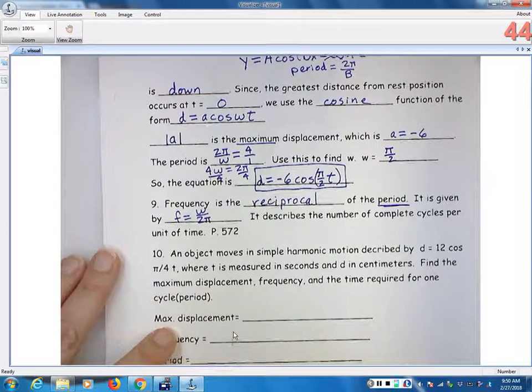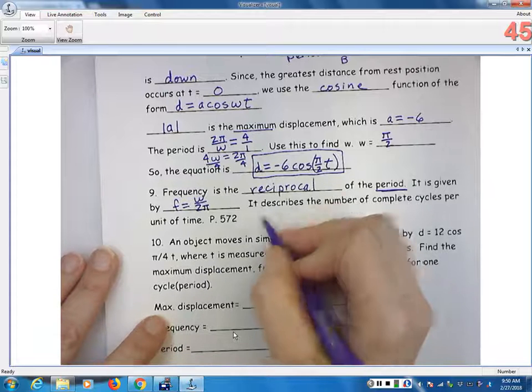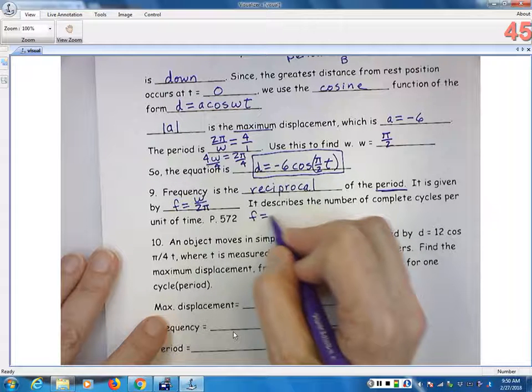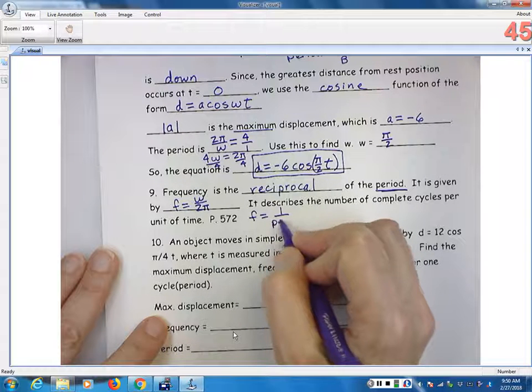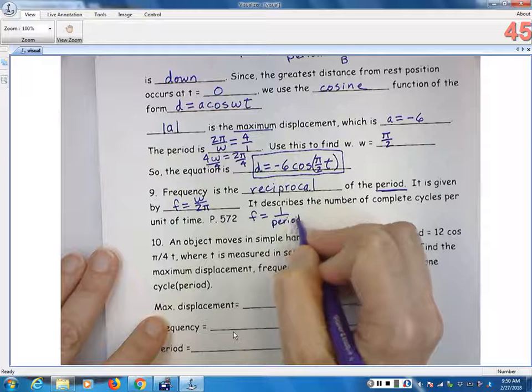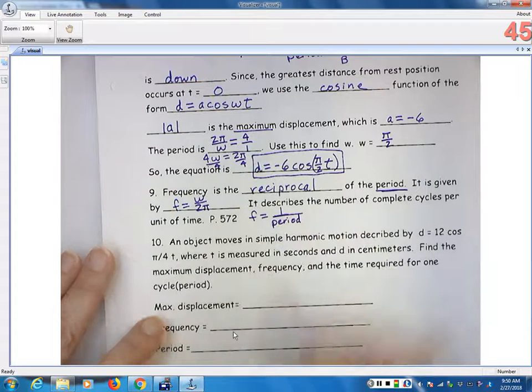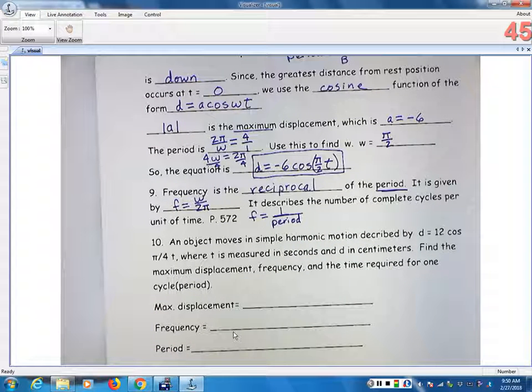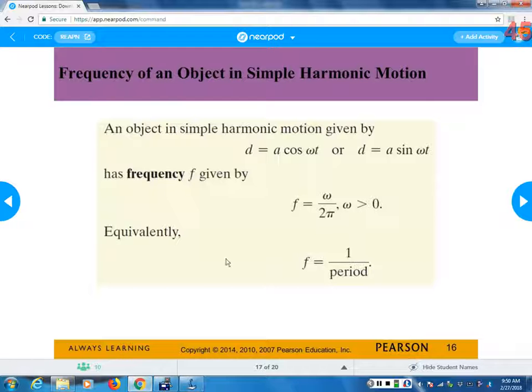And so the slideshow shows that frequency is 1 over the period. So we flip a fraction to find the reciprocal. And it describes the number of complete cycles per unit time. So that's frequency. It's 1 over period. We just flip the equation for period.